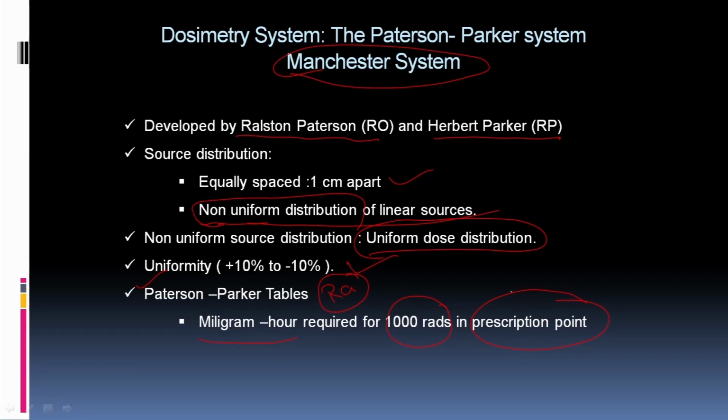So, the difference is the non-uniform distribution of radioactive isotopes, and because of this we get a uniform dose distribution, with uniformity of plus or minus 10%, and they have also given the tables where we can determine the amount of milligram hour of radium required for 1000 rads at the prescription point.